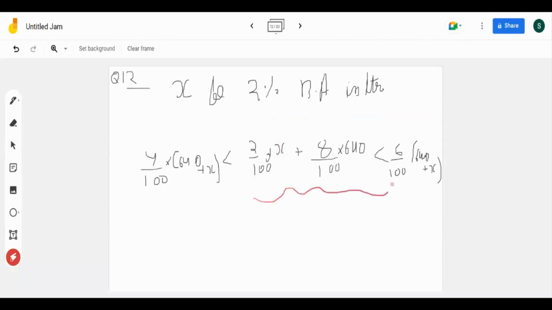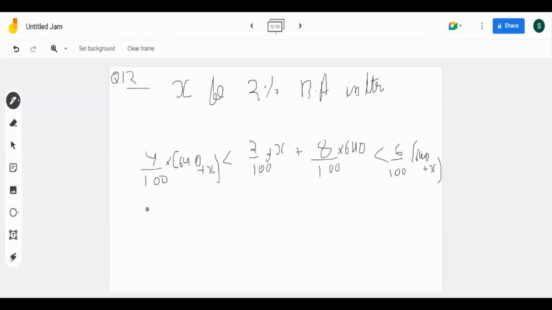This is our total acid content, and it must be between 4% and 6% of the new solution. We have added x liters to 640 liters, so our volume is now 640 + x. So 4/100 and 6/100 of (640 + x). Now we will solve this; we can clear the fractions by multiplying every term by 100.